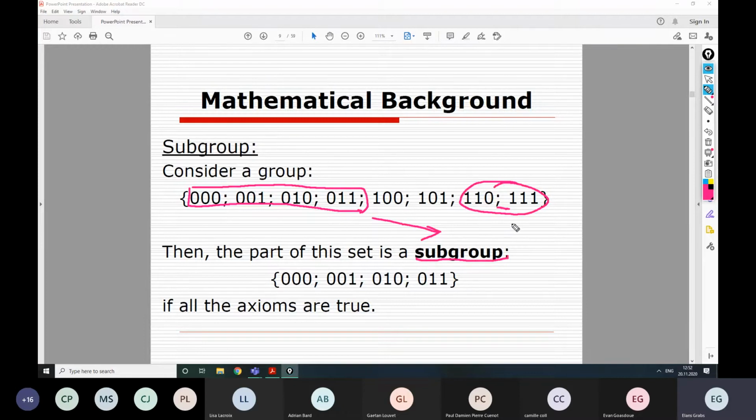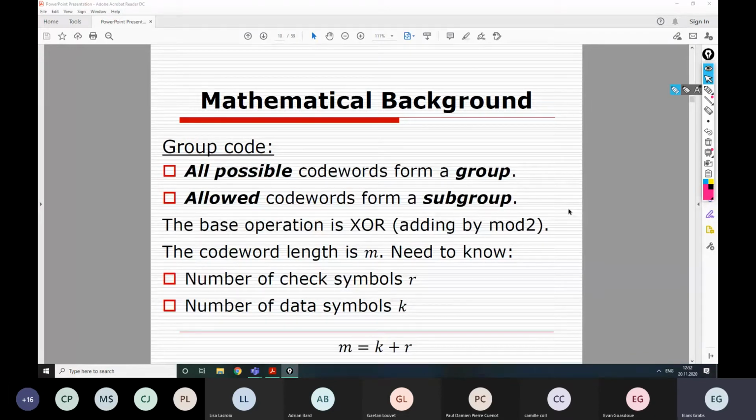So for the group code, let me remind you of what we talked about last week. Last week we talked about how these codes can operate and find and correct errors. The idea was very simple. We created allowed code words and restricted code words. So only allowed code words can be output by the encoding device. If we receive a restricted code word, then it means that there is an error.